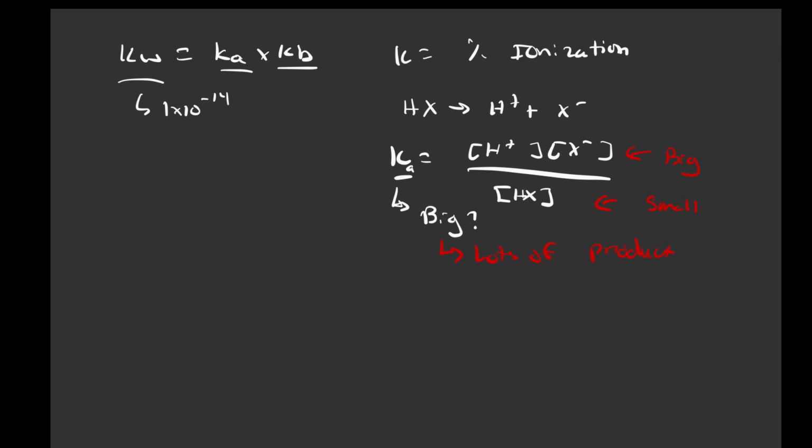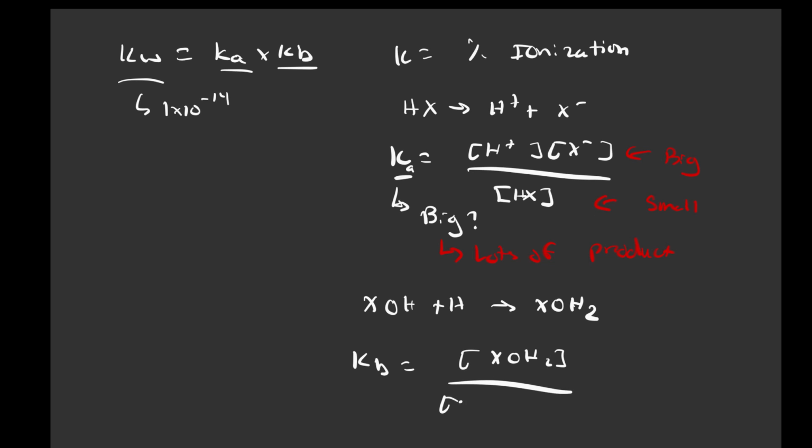We can do the same for Kb. Let's say we have some generic base, XOH. With that H plus, that's going to give us XOH2. Well, we can say the same thing. Kb is equal to the concentration of XOH2 all over XOH times the concentration of H plus.